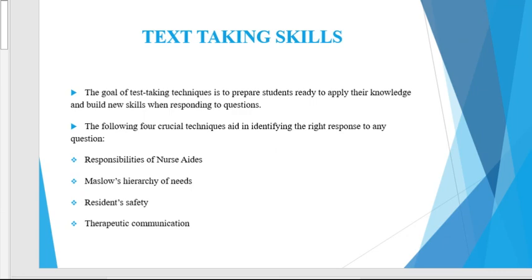First of all, you want to know your responsibilities as a nurse aide. Secondly, you want to know about Maslow's hierarchy of needs. You want to maintain resident safety, and you want to maintain therapeutic communication. If you have an idea of these 4 things and you incorporate them when you are answering questions, I think you will be able to pass your test.